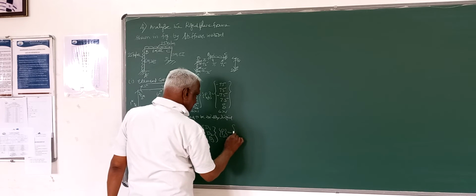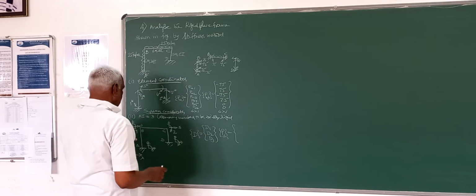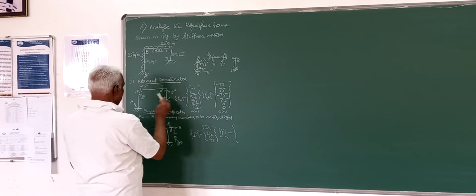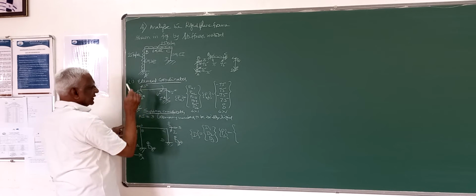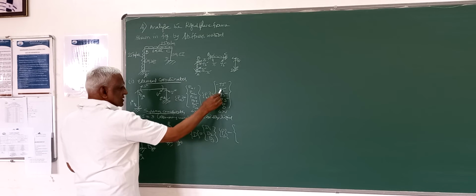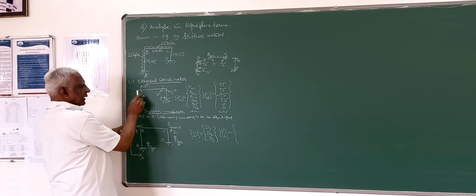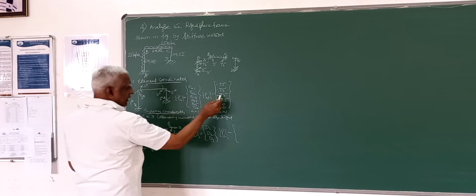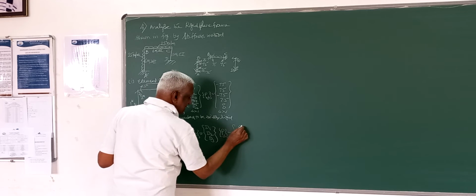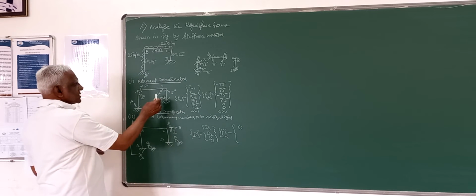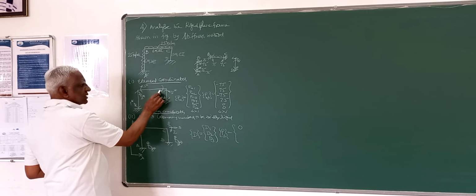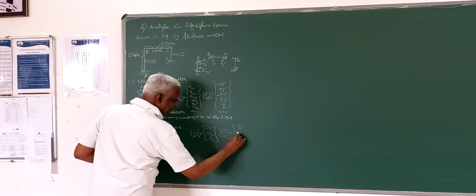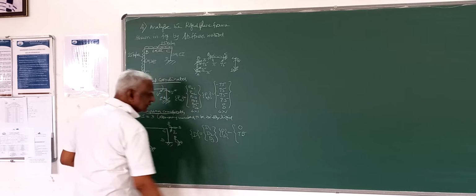So the loads corresponding to coordinate 1 is nothing but these 2 and 3 summed. That is, PM2 plus PM3 will be the load corresponding to this. So that is 75 minus 75, which is 0. Next, the load corresponding to 2, that is the load corresponding to 4 and 5, that is 75.